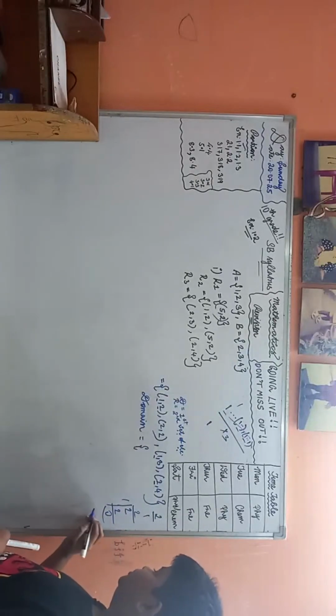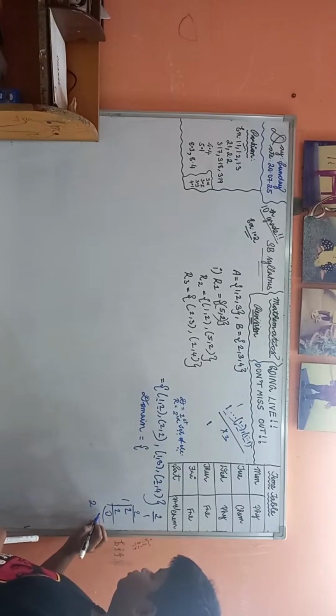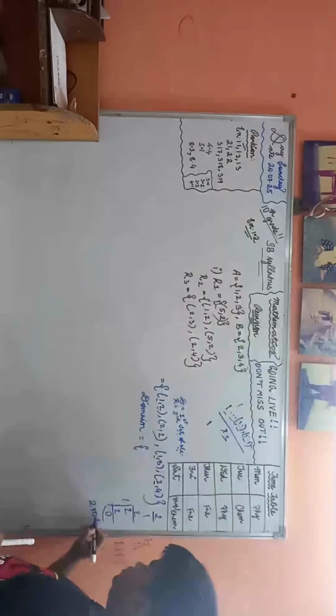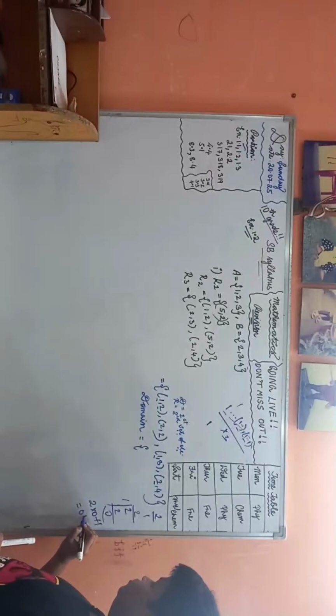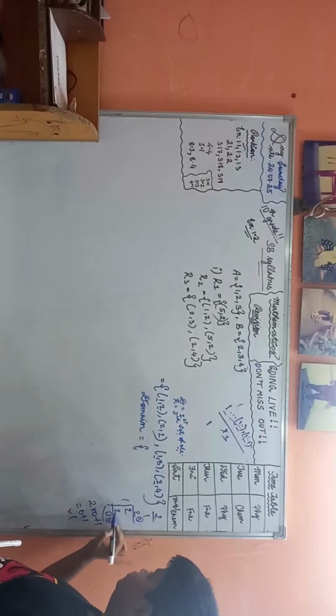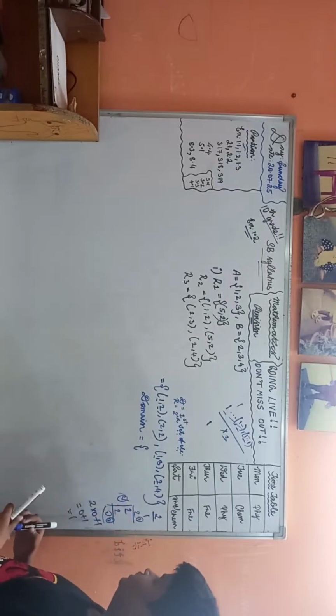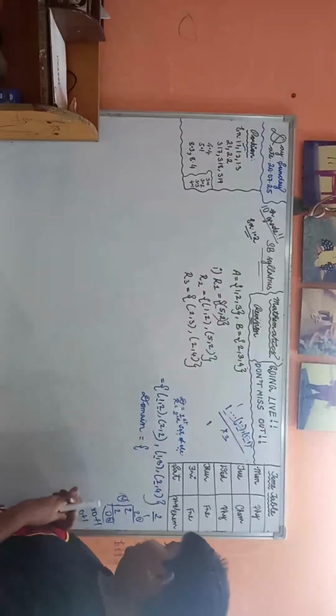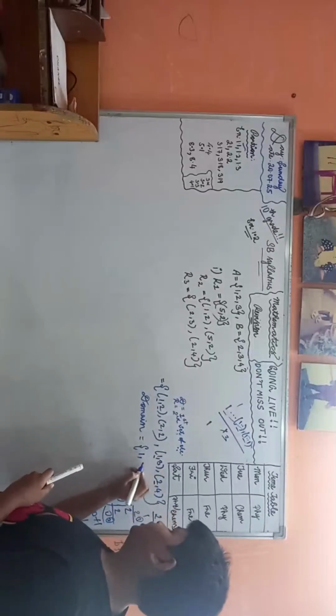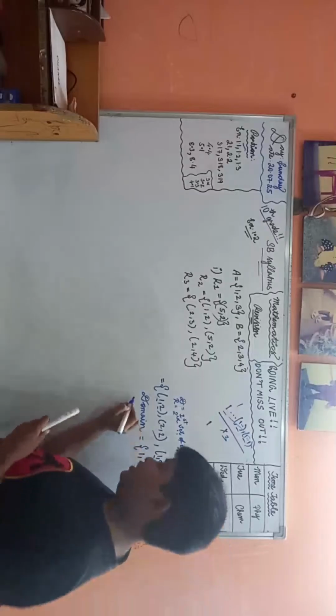So 2 into 0 plus 1 is equal to 1. So there is only 1. So 1, 2. And the range is just like this.